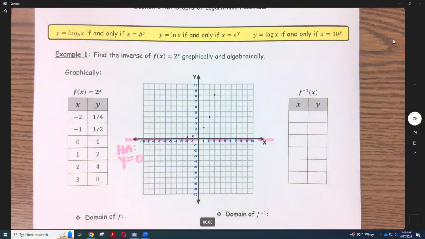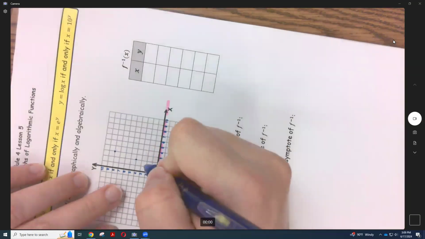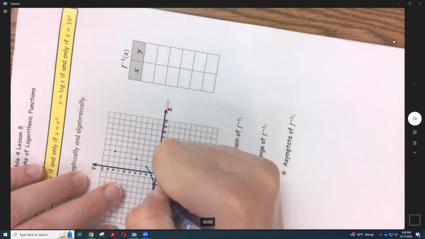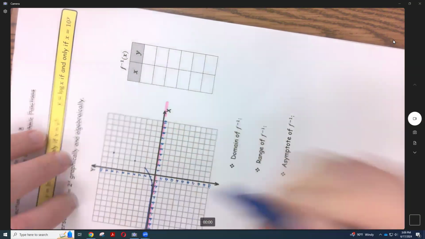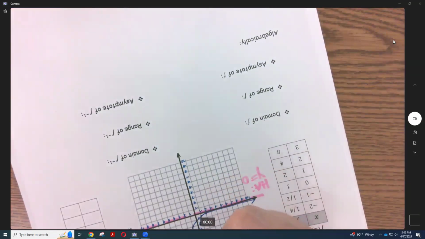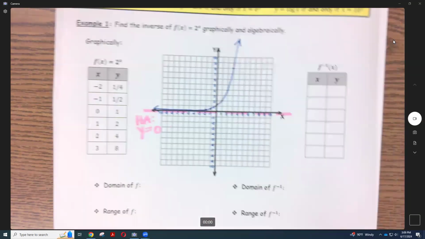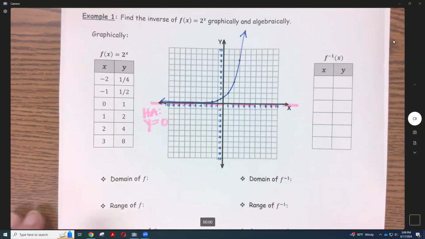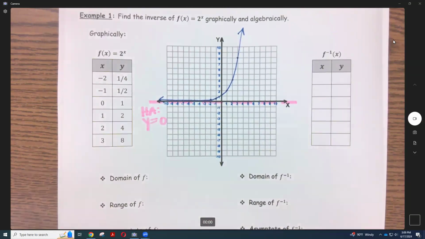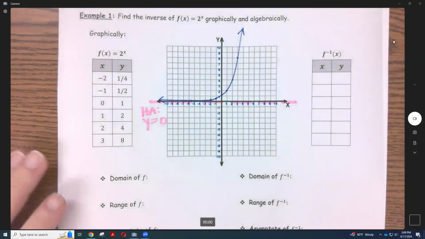So when we plot those ordered pairs, we will not cross that x-axis there. Okay, so there's our graph. If that didn't make sense, go back to lesson 3, please.